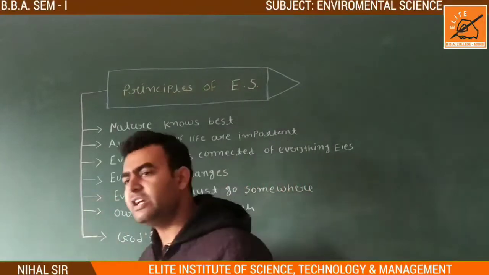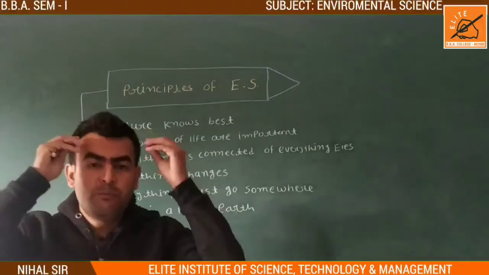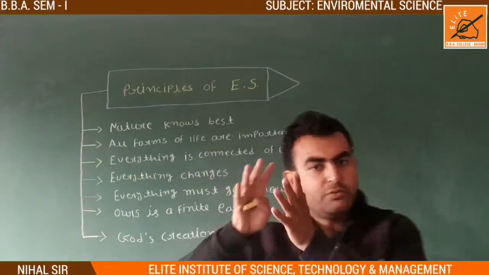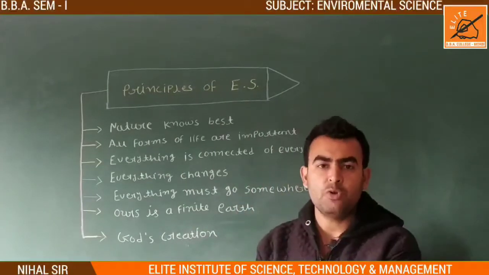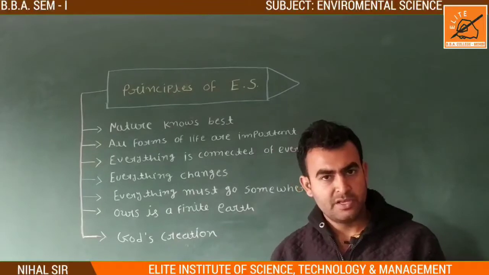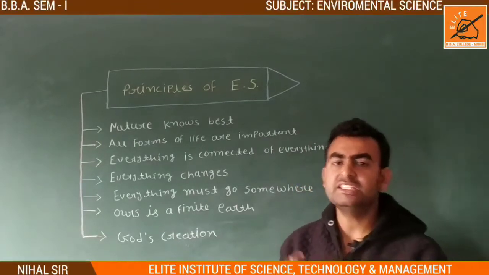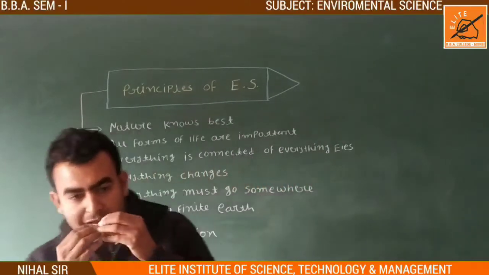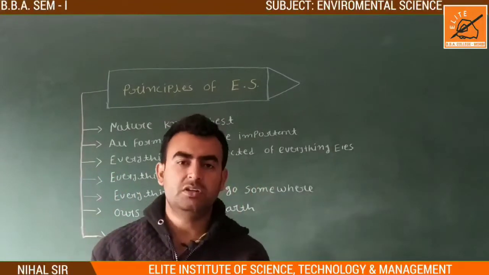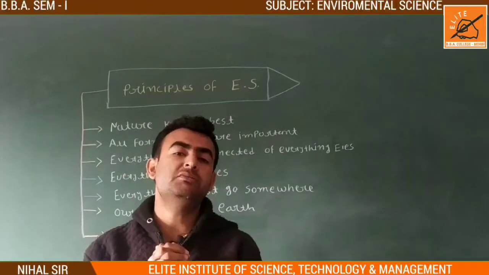Then in our day to day life we consume different kinds of products. So these products are made from some biotic things and some non-biotic things. Then we are wearing the shoes, the cap, the cloth. Then we are eating food, we are drinking water. So all these things are important to us.